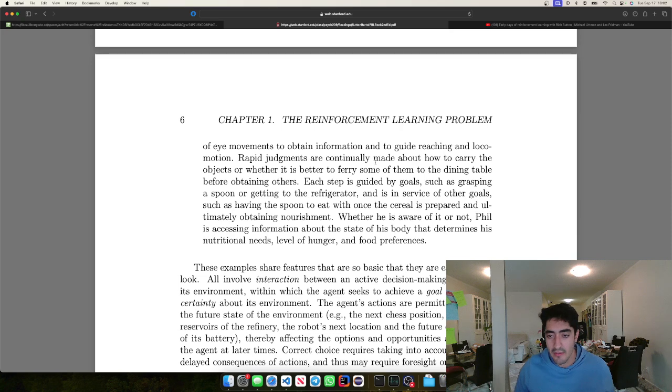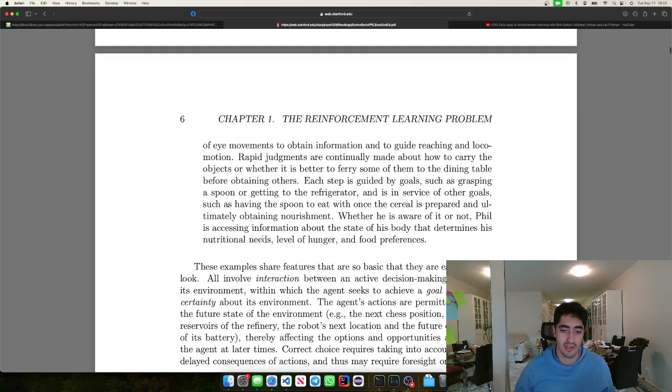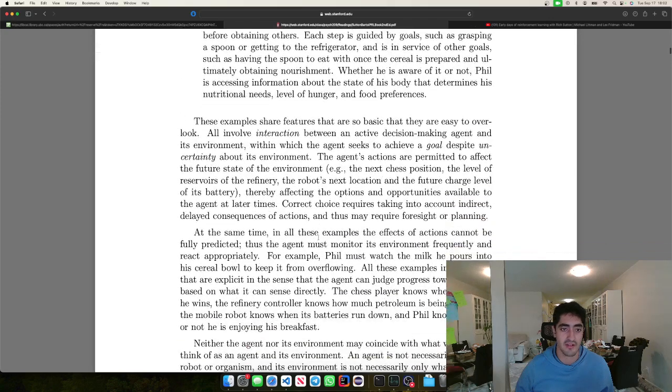Each step is guided by goals, such as grasping a spoon or getting to the refrigerator, in service of other goals, such as having the spoon to eat with once the cereal is prepared and ultimately obtaining nourishment. Whether he's aware of it or not, Phil is accessing information about the state of his body that determines his nutritional needs, level of hunger, and food preferences.